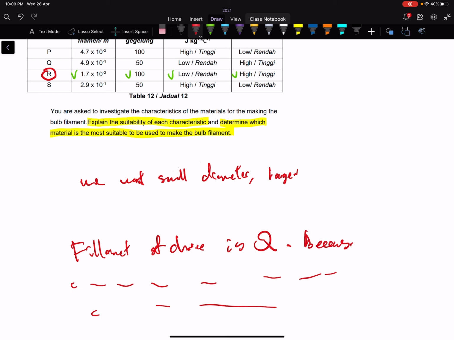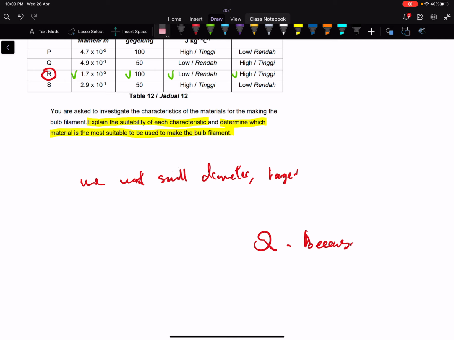Sometimes they say, okay, filament choice Q, wrong, so everything wrong, you lose 10 marks. Even though some of your arguments are correct, if you state in the beginning that you chose the wrong one, then no one's going to be interested in reading the rest, because they know your answer is wrong.